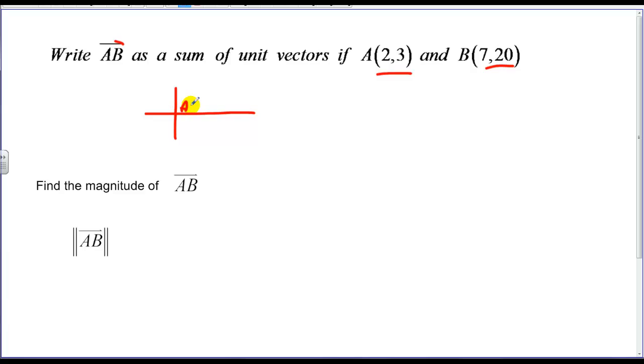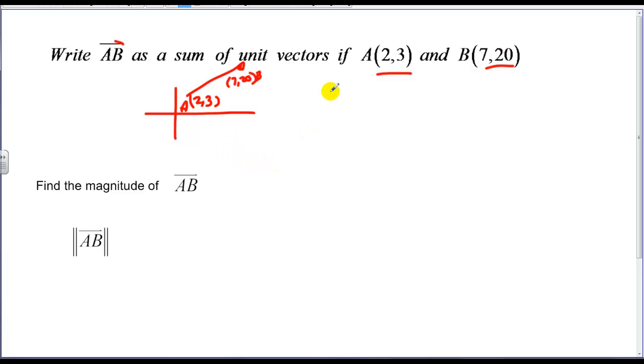Here's vector A, B, like so. And this vector is made up of an initial point of 2, 3 and a terminal point of 7, 20. In other words, we have the coordinates of the tip and tail, but we haven't named the vector.